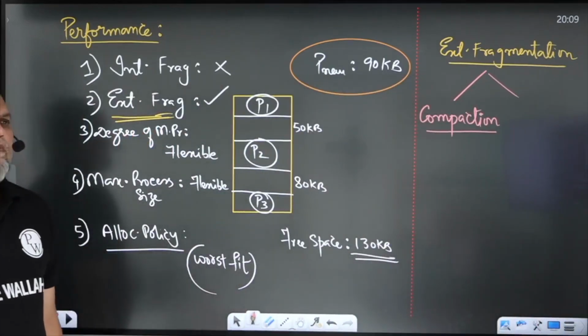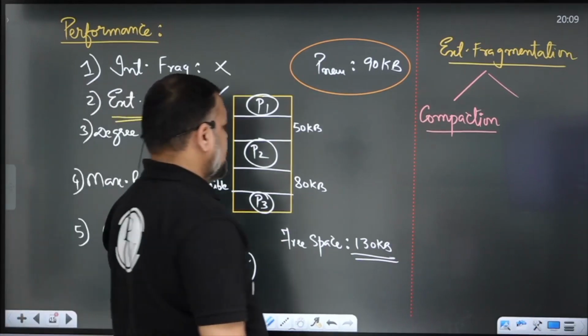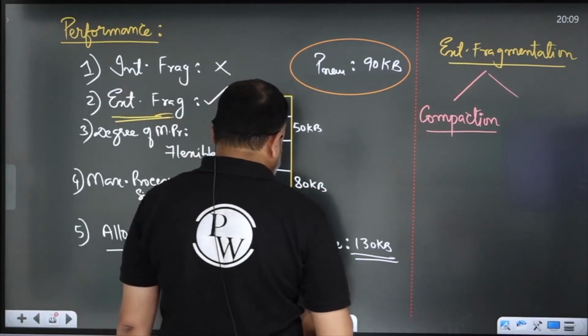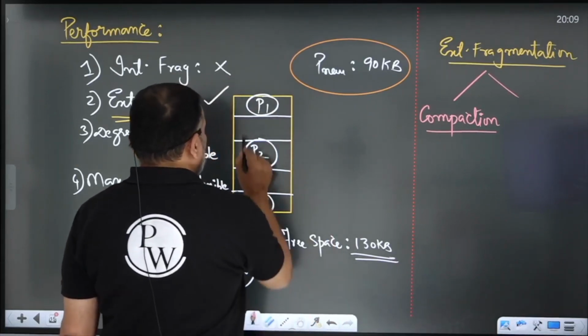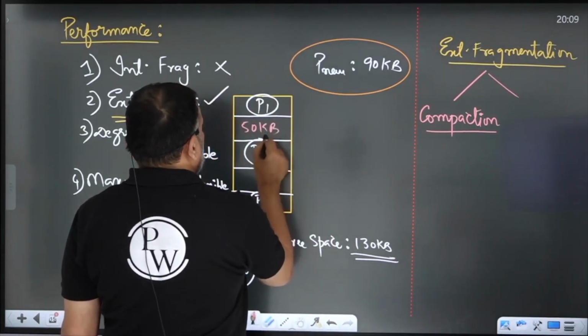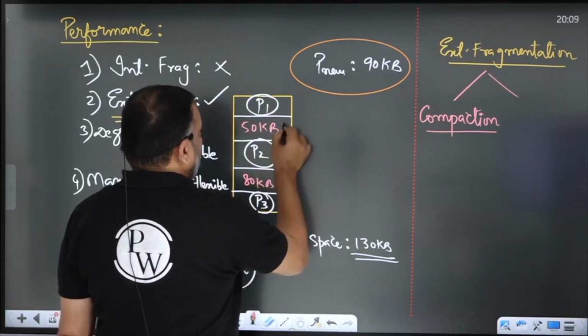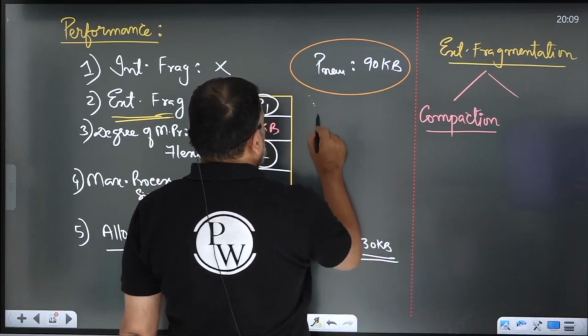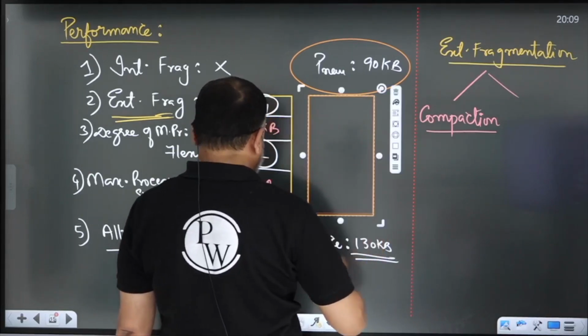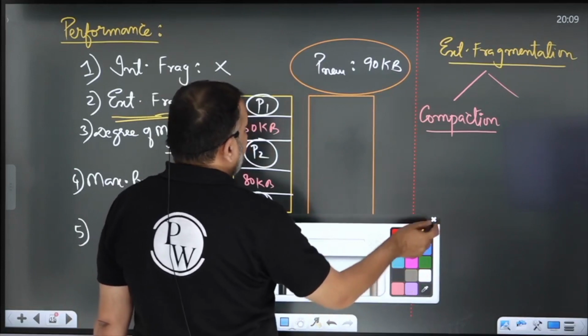So what happens here? Bring all free spaces together. When I compact this memory, with the 50 and 80 KB holes, the memory area will look like this. After compaction, all processes come to one end.